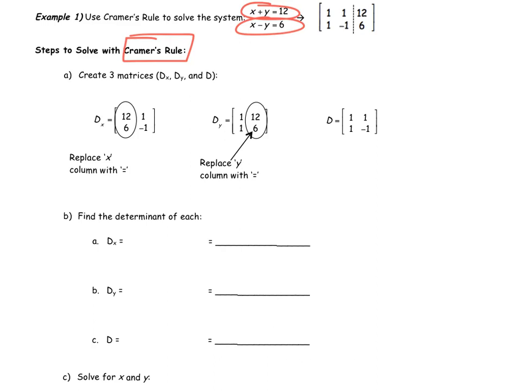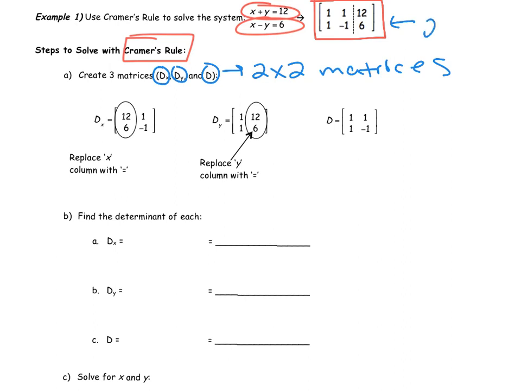We're going to write out the original matrix, which we have on the side, and we're going to come up with Dx, Dy, and D. Meaning, we are going to come up with 2x2 matrices. Originally, our matrix here is a 2x3. We want to write Dx, Dy, and D as all 2x2 matrices.